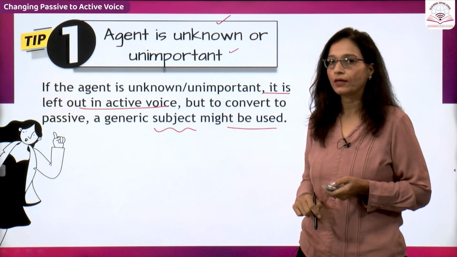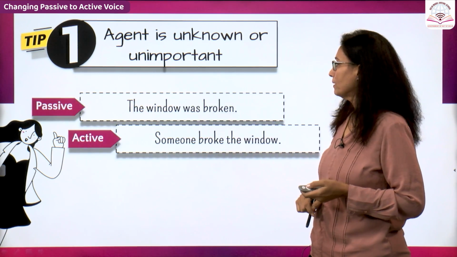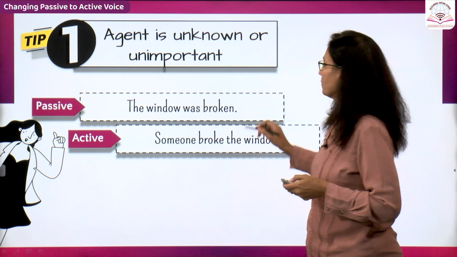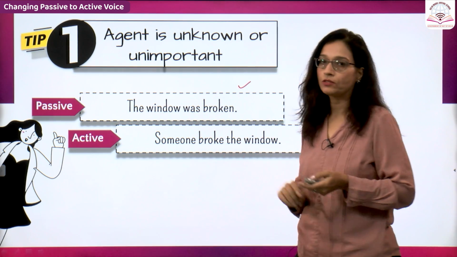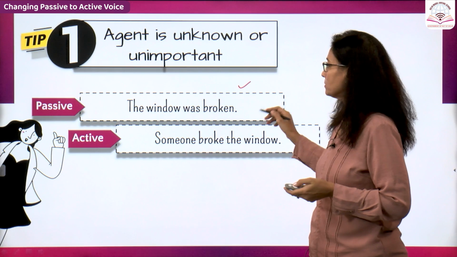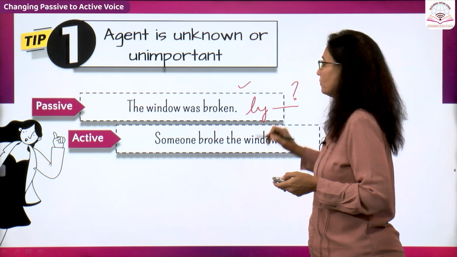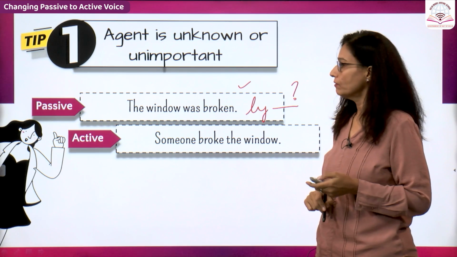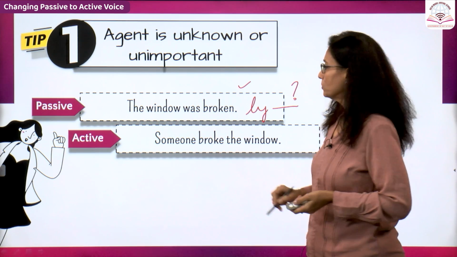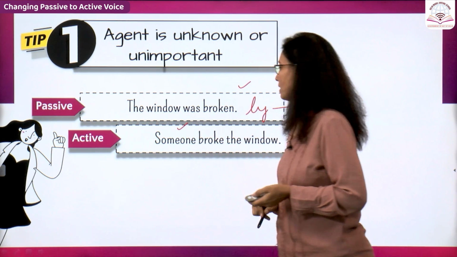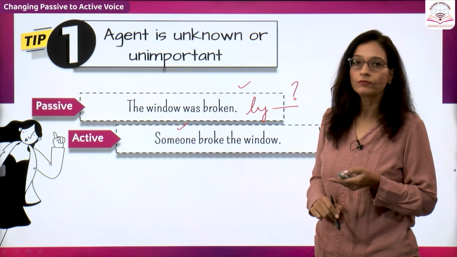Let us take a look at the example. The window was broken. This is our passive voice. As you can see, there is no by here. So we do not know the doer or the subject of this sentence. We will take a generic subject. So we will pick someone. Someone broke the window.